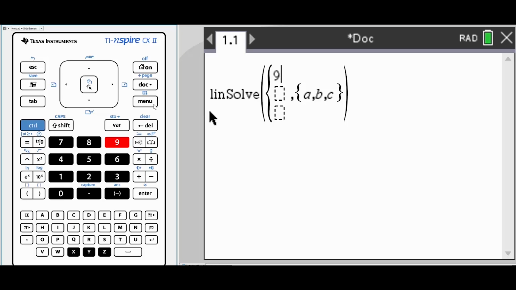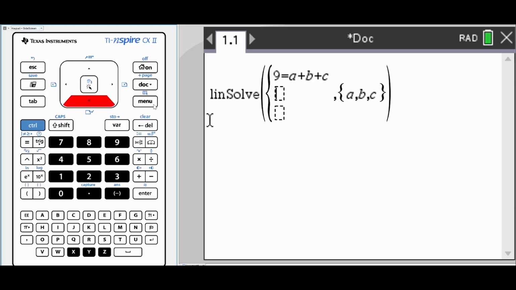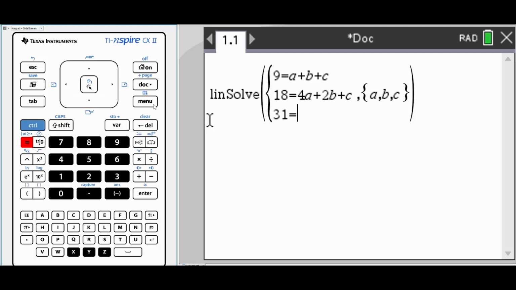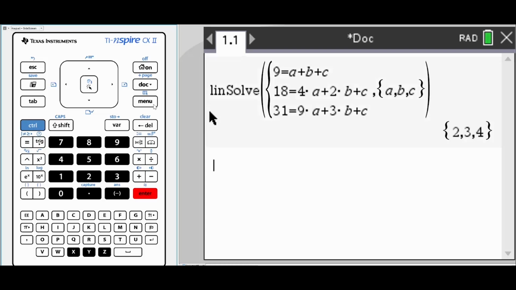So we had 9 equals a plus b plus c. Our second equation was 18 equals 4a plus 2b plus c. And our third equation, 31 equals 9a plus 3b plus c. Once you've got them all entered, just press enter and it will tell you our values of a, b and c in that order.